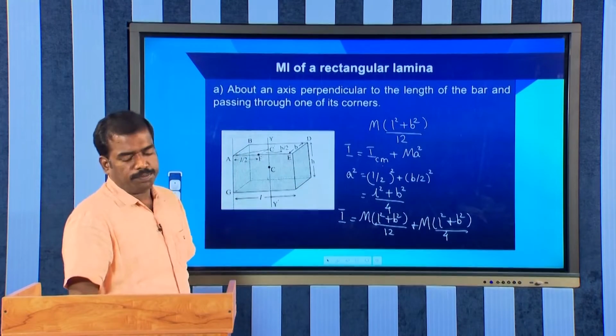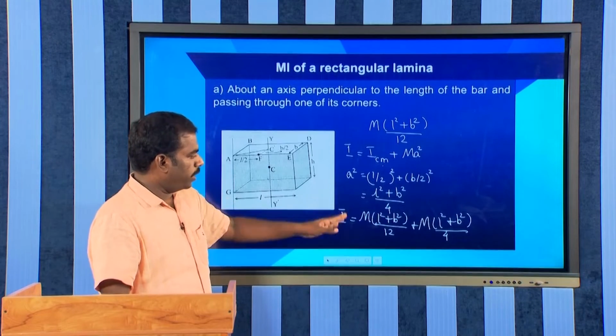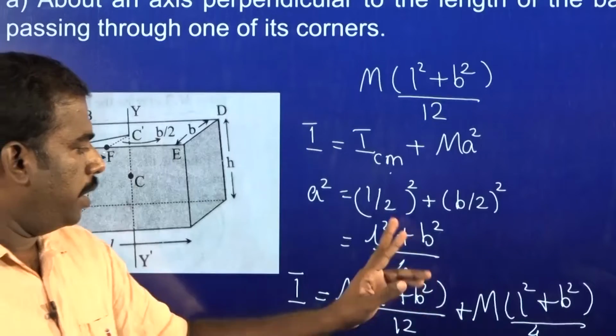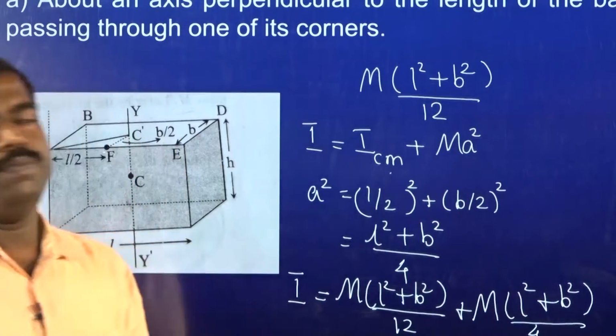So, take the LCM and then rearrange. So that you will get what? M into L square plus B square by 12 plus M into 3 L square plus 3 B square.